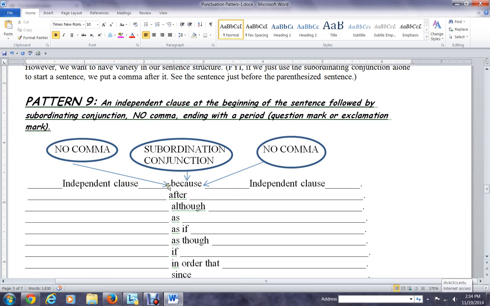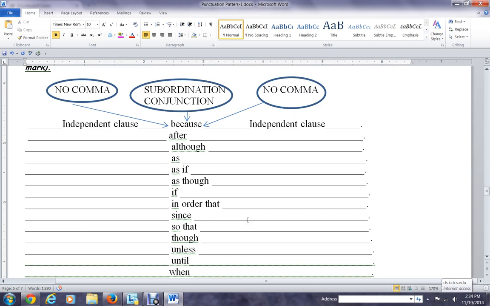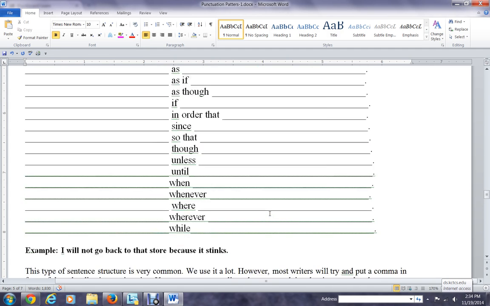Don't put a comma in front of because. It is not a coordinating conjunction. It is a subordinate conjunction. If you put it in the middle between two independent clauses, you do not put a comma there. I don't care how many times you see it in the newspaper, in writing, it is incorrect. And you see it a lot, and it is wrong every time you see it.